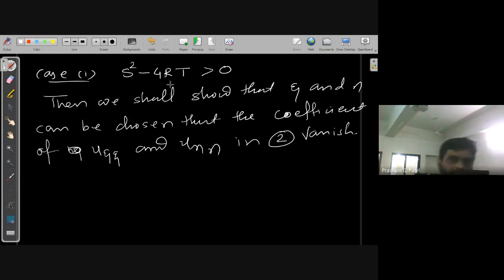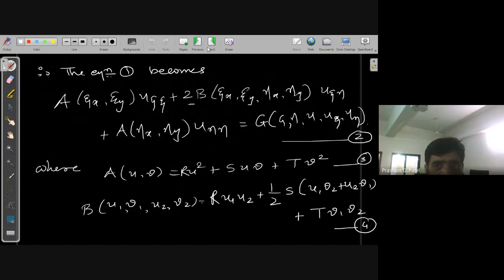That means whenever s square minus 4rt is positive, we'll choose our value of xi and eta in such a way that in the equation 2, this value will be 0 and this value will be 0. So only the equation will contain the term u xi eta.